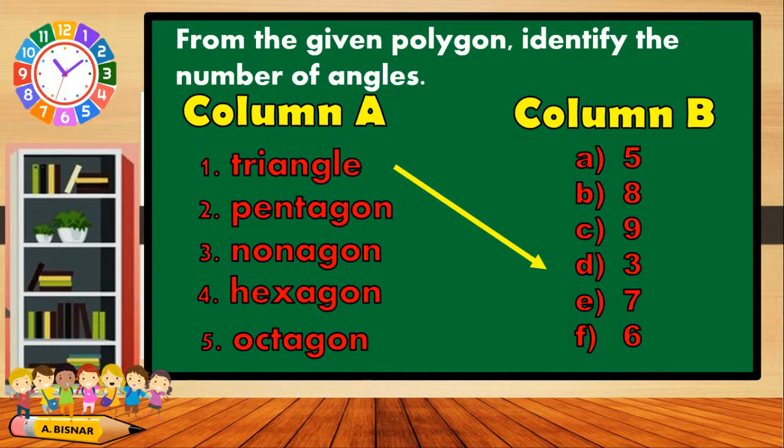Okay, pentagon has 5 angles. How about nonagon, number 3? Your answers are correct. Nonagon has 9 angles. Number 4, hexagon. Your answers are correct.